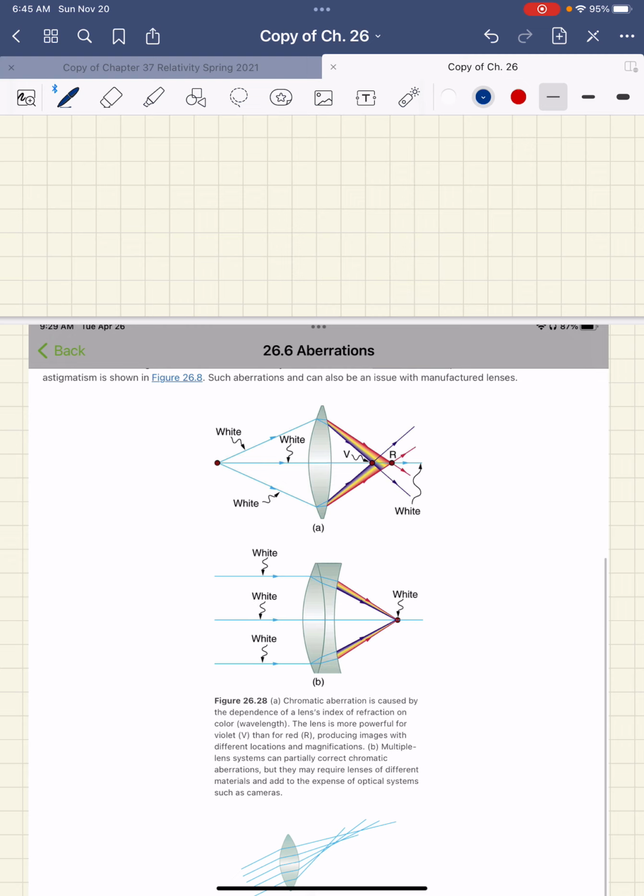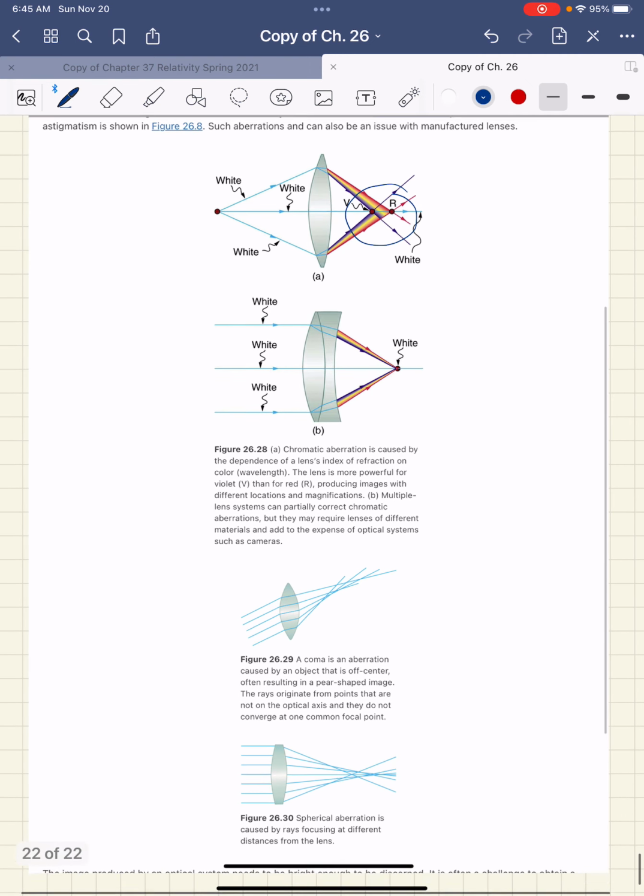The lenses are more powerful for violet than for red, so instead of forming one single dot, the light is going to diverge and cause a spectrum because of that defect.